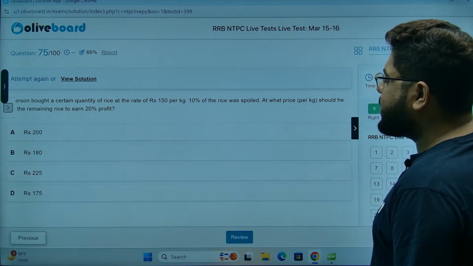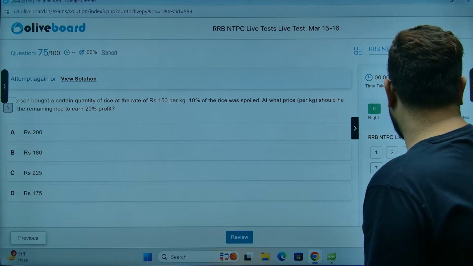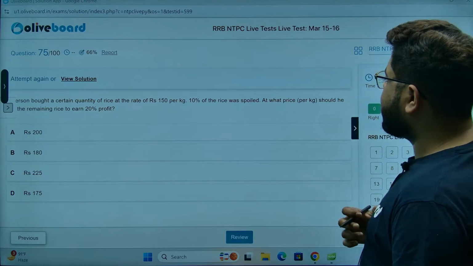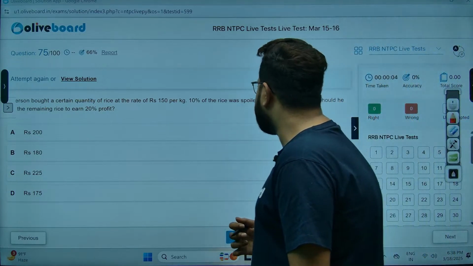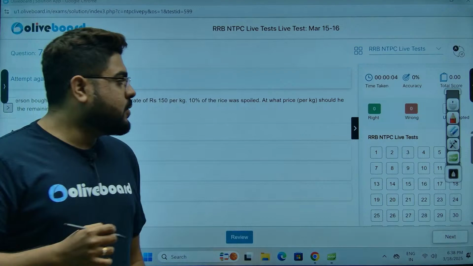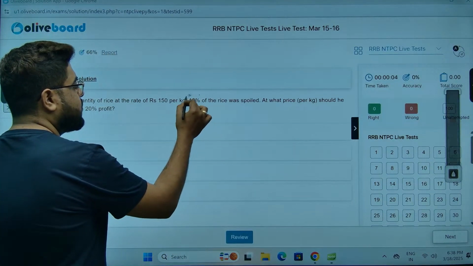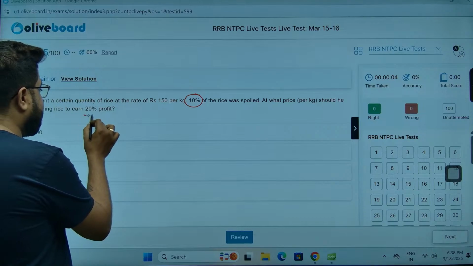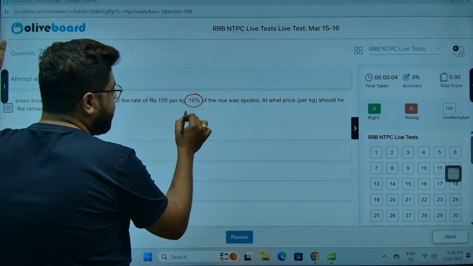Achha. A person bought a certain quantity of rice at 150 per kg. 10% of rice was spoiled. At what price should he sell to earn 20% profit? Okay, so let's do one thing.